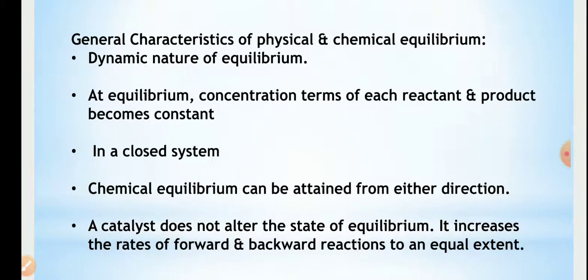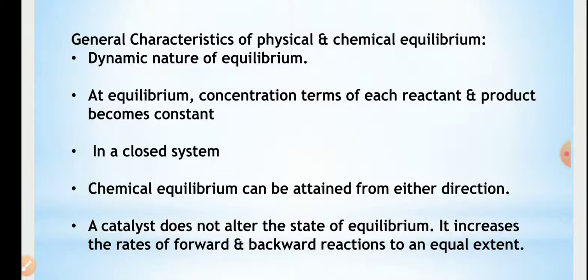If you go point-wise, then the general characteristics of physical and chemical equilibrium are, first, their dynamic nature, that the equilibrium will be dynamic. If you take an iron rod and say there is no change of composition, this is not equilibrium.